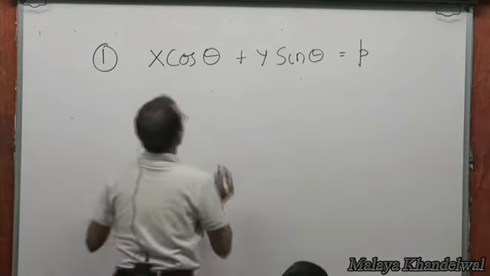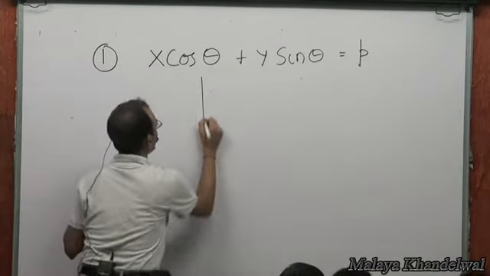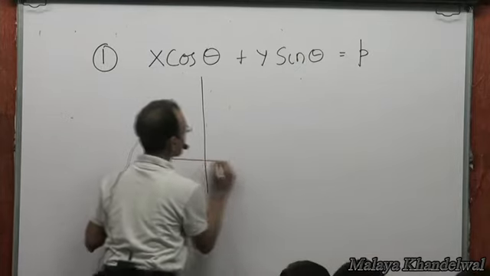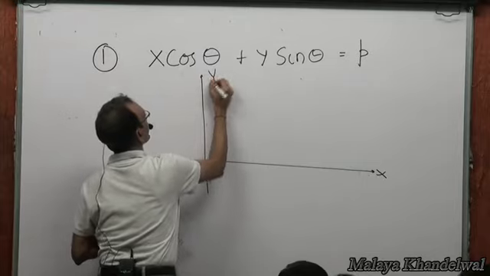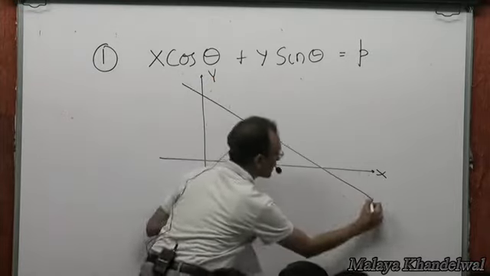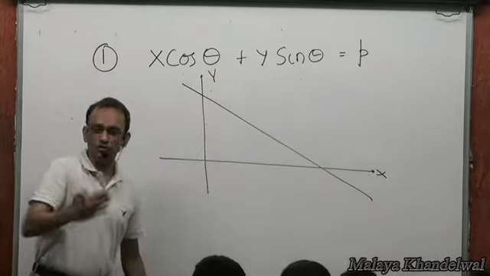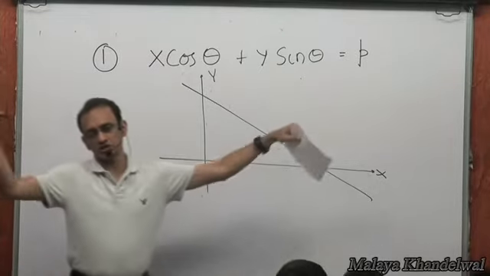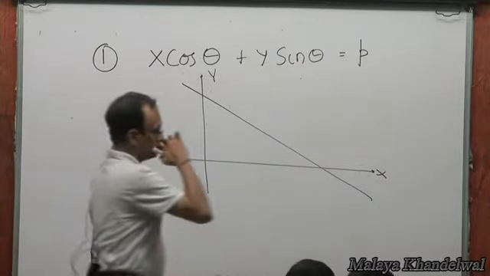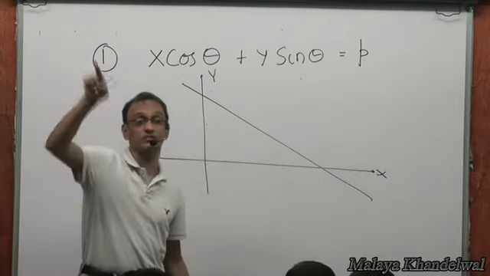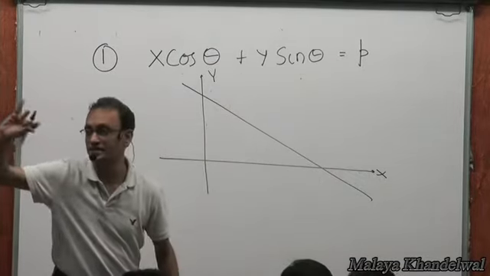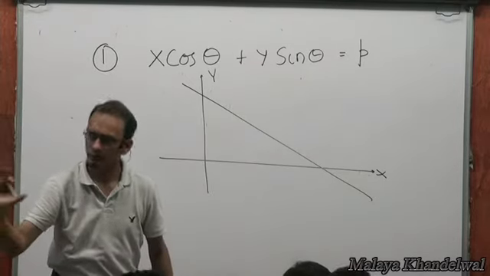And this line could have been, let's say, in the xy plane. This is that line, variable line. For different thetas, you get different positions of the line, right? However, theta is not this angle. Theta is the angle that the perpendicular in this case makes with the positive direction of the x-axis, but I'm not depicting that.